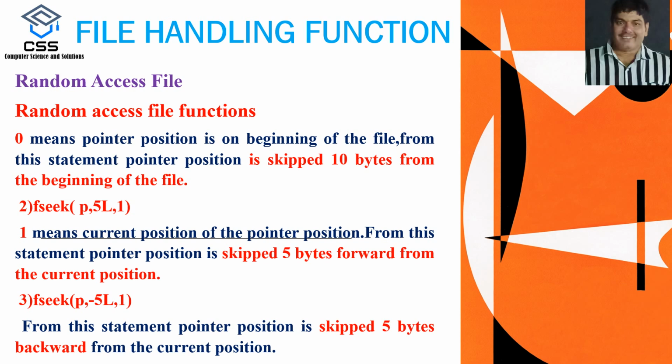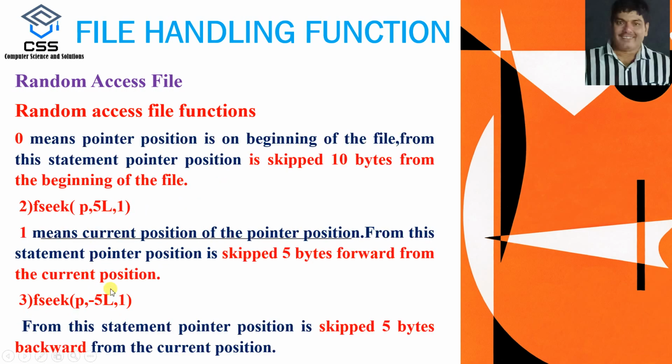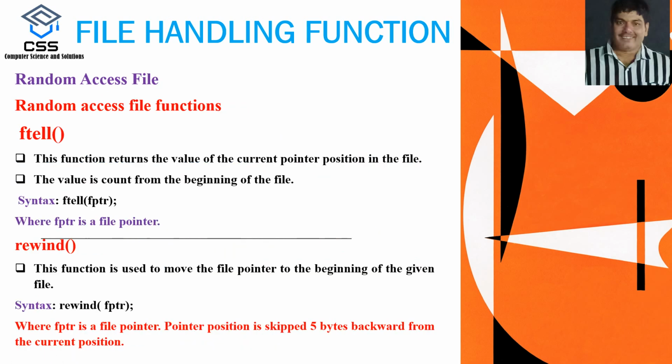Hence, from there we want to access the file in the backward direction. It should be written as 2, because 0 is for the beginning of the file, 1 is for the current position, 2 represents the end of the file. When 2 is given, the backward direction will be used. Or suppose there are 10 characters and you are at the 5th character, there can also be a backward direction, means from 5, 4, 3 in this direction data can be accessed.